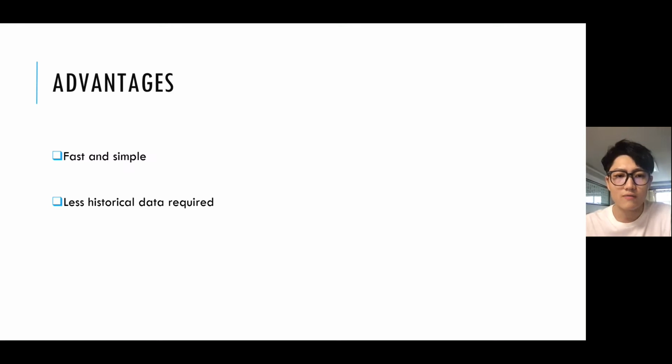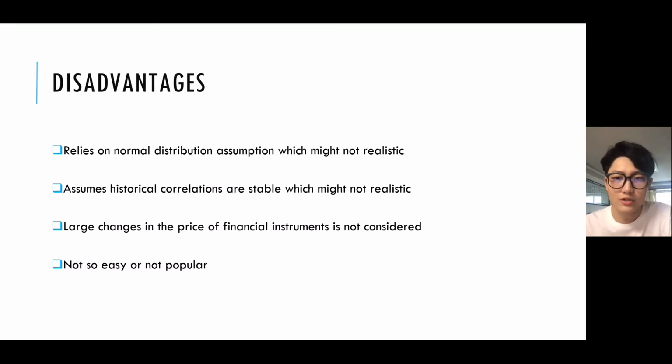Okay, advantages: the variance-covariance method is fast and simple to implement. Another one is a lower historical data requirement. Disadvantages: it relies on the normal distribution assumption, which might not be realistic.